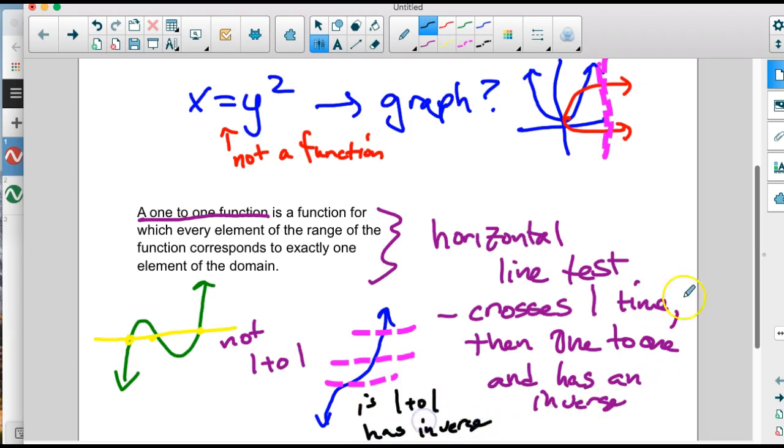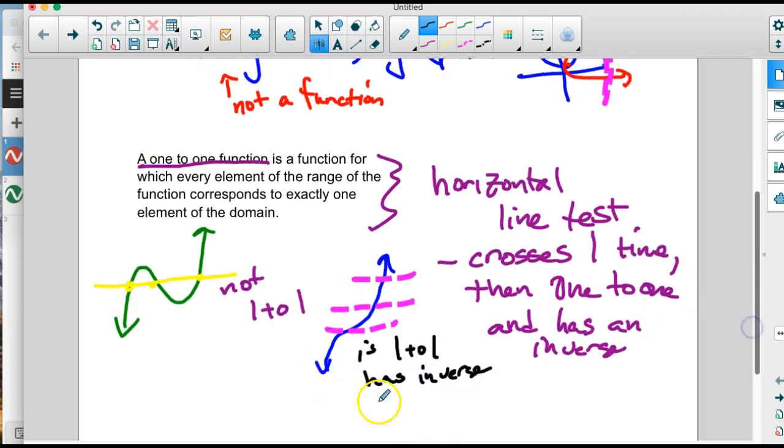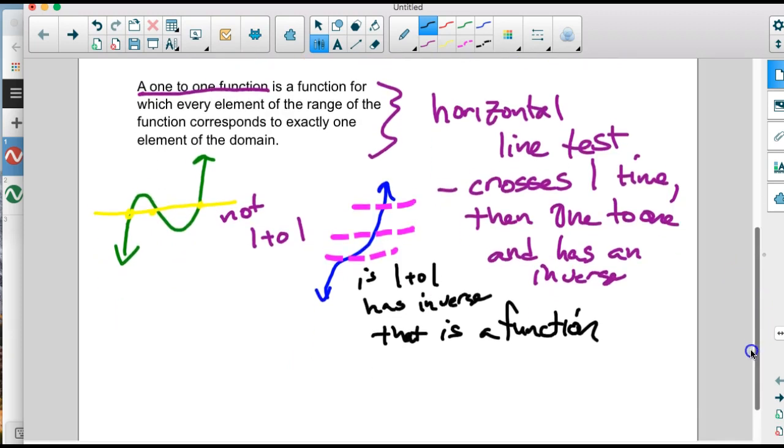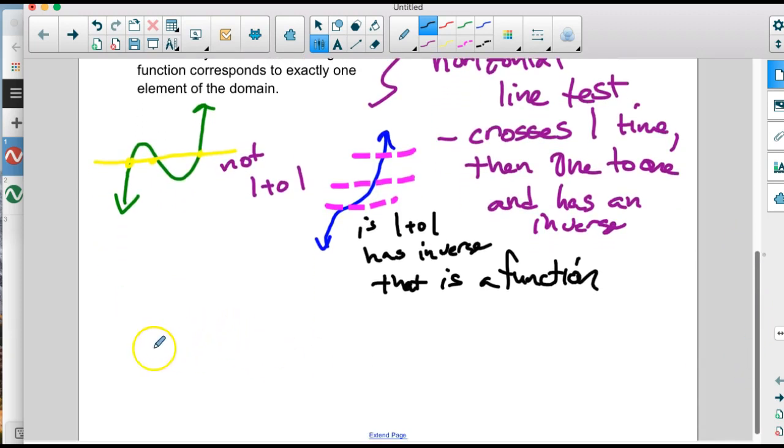That's a function. This one has an inverse, but it's not a function. So we can make an inverse relationship out of this graph, but it's not going to be an inverse function. So in order for a function to have an inverse that's a function, it must pass both the vertical line test and the horizontal line test.